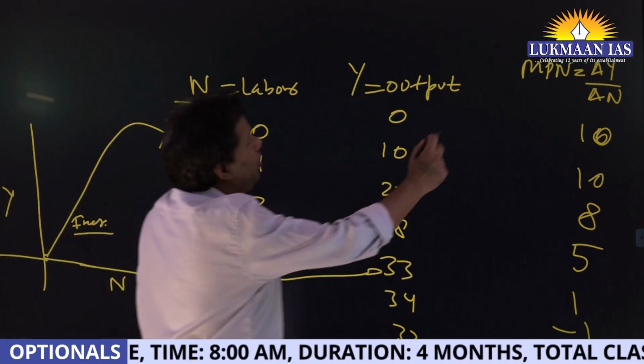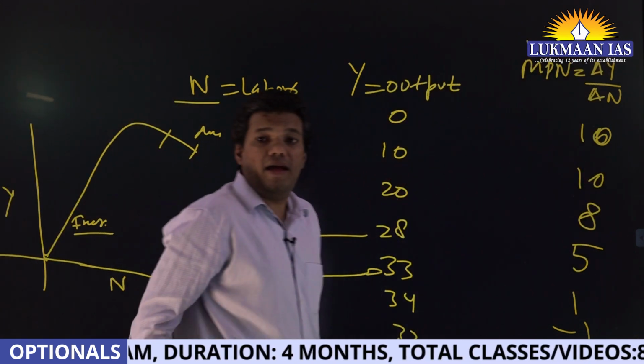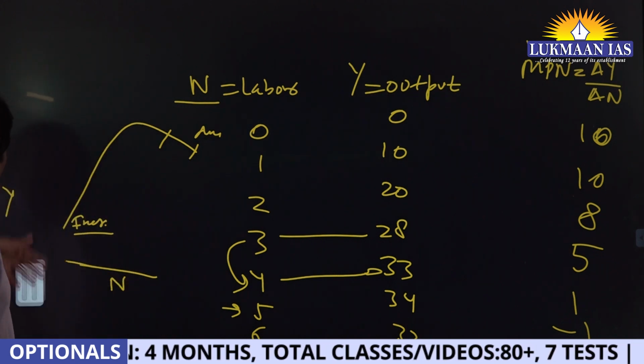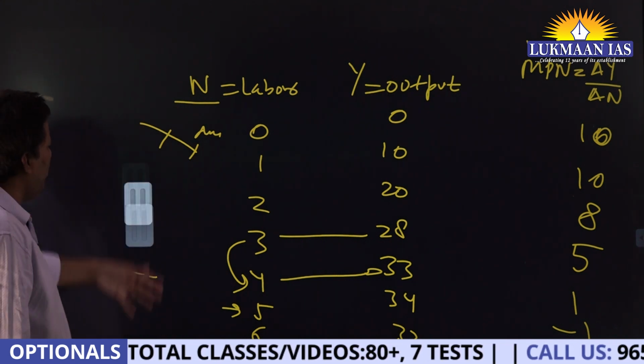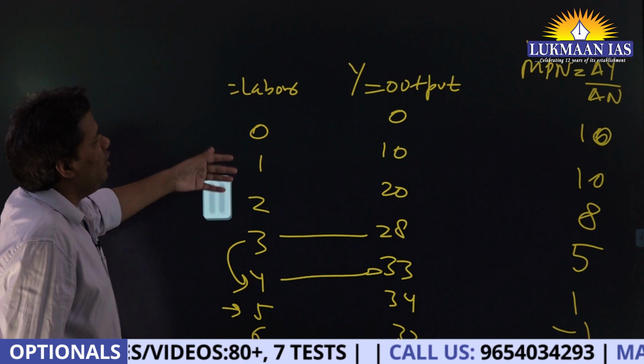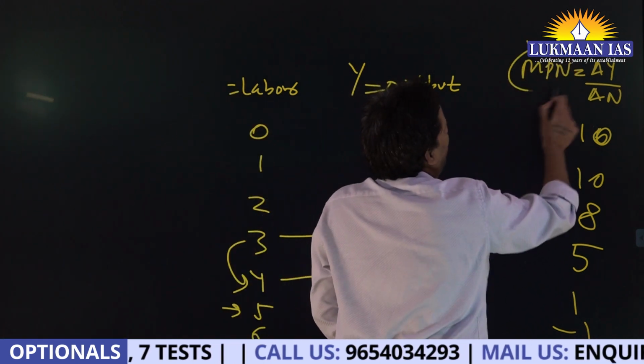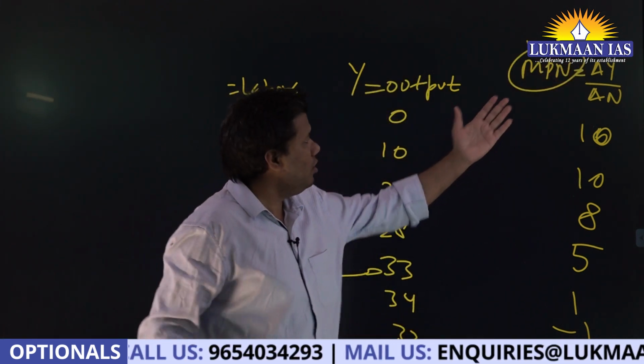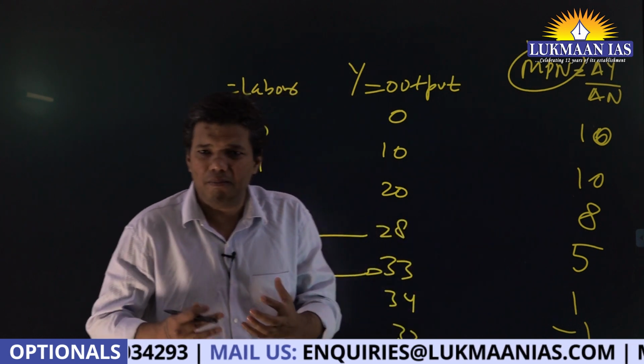So now I believe you have understood what MPN is. It is very normal. When you study economics, this MPN will come again and again. Try to visualize it.